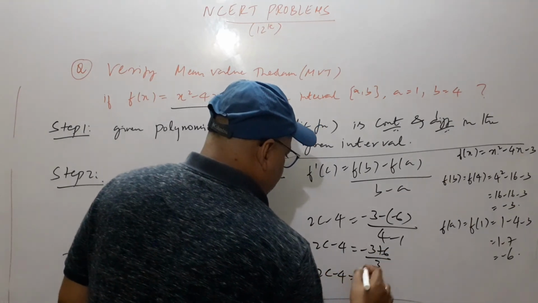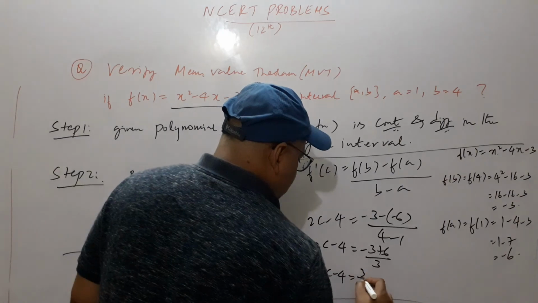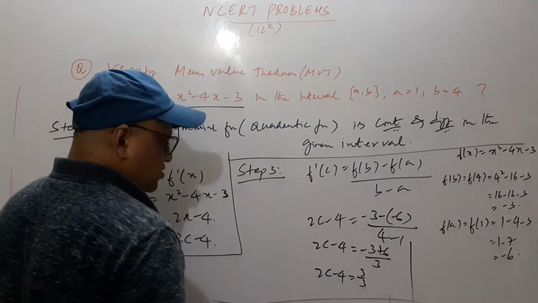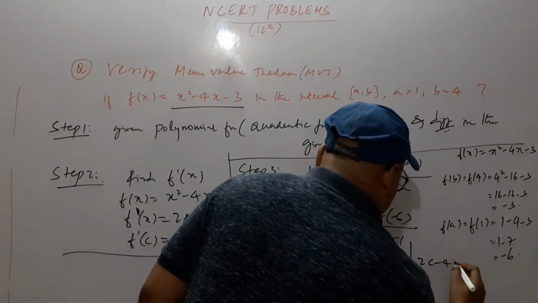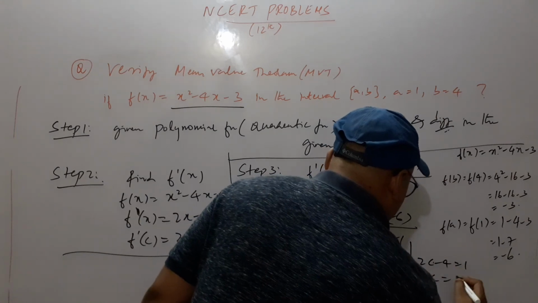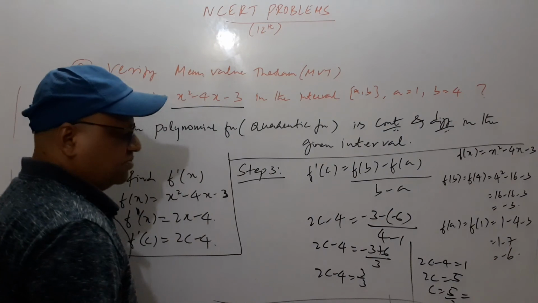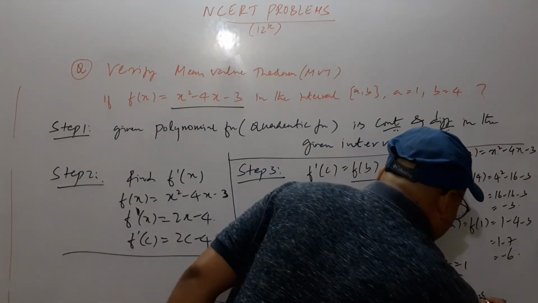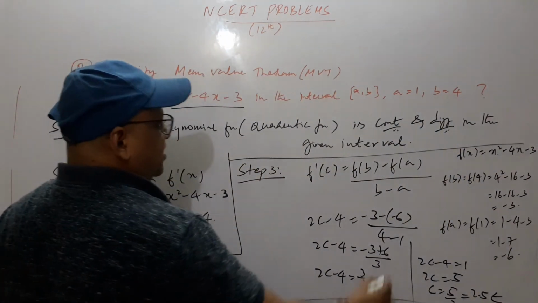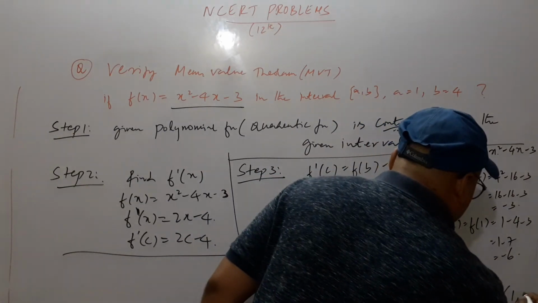So 2c minus 4 is giving me 6 minus 3 will be 3 by 3. So 2c minus 4 is equal to 1. 2c is equal to 4 plus 1, 5. C is equal to 5 by 2. 5 by 2 you can represent it as 2.5. Always better. So which belongs to the given interval, 1 comma 4.